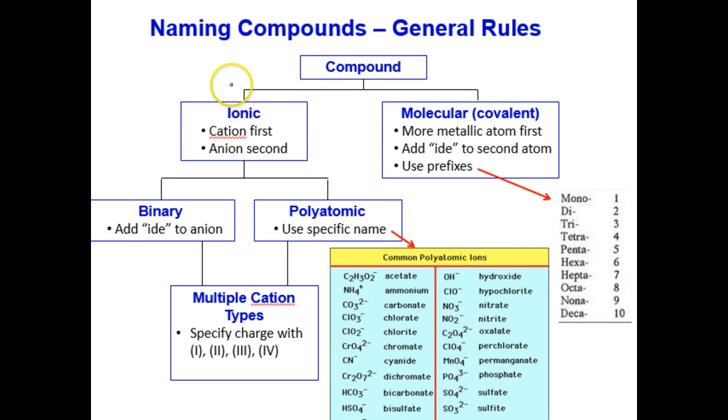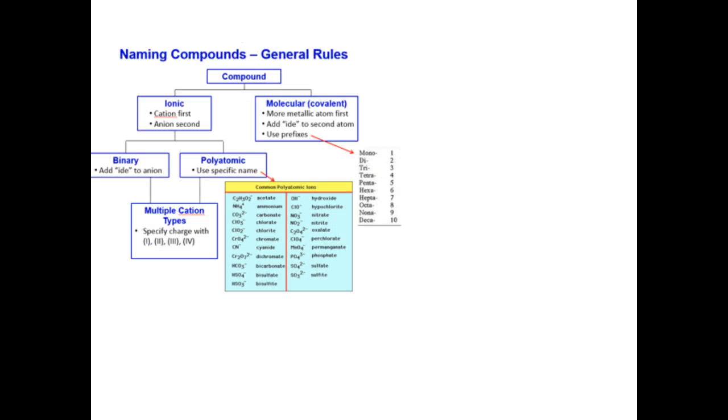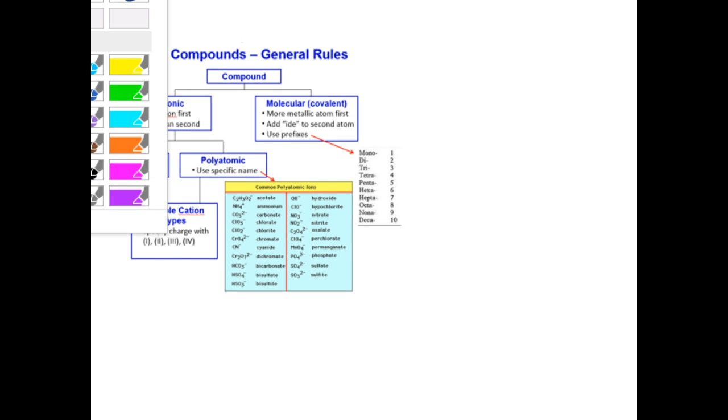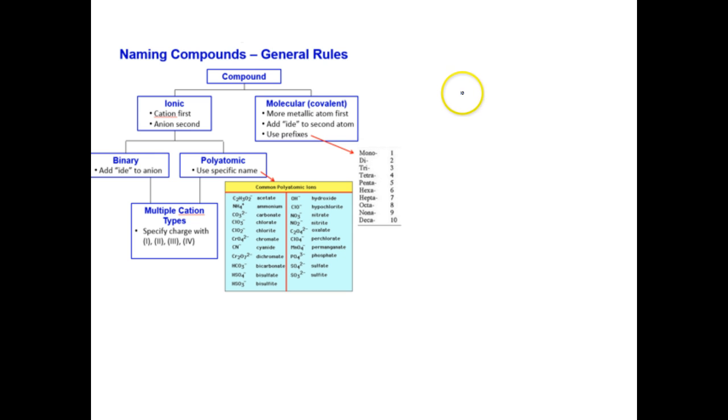In order to do this, you have to look at the actual components that are in there. It may be easiest if we go ahead and do an example. For the first one, let's look at cesium bromide, CsBr. If this is problem one, we need to come down here and decide if this is an ionic or molecular compound.